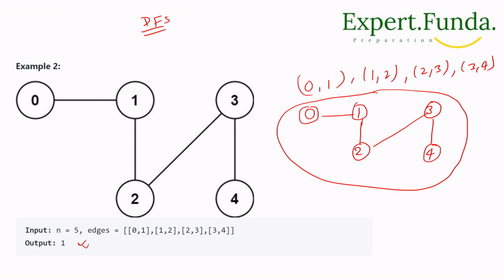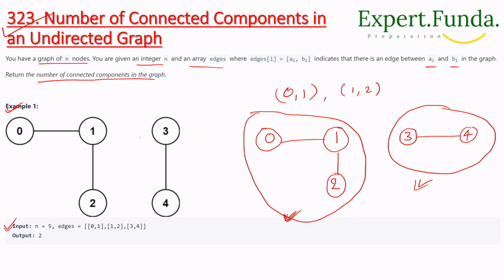In an undirected graph, a connected component is a subgraph. If we come to here, this is an undirected graph, and there are two components, this component and this component. So in the undirected graph, a connected component is a subgraph.